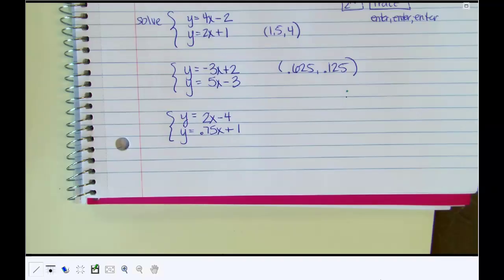Now you're solving this, please, using your calculator to graph. That's not correct.